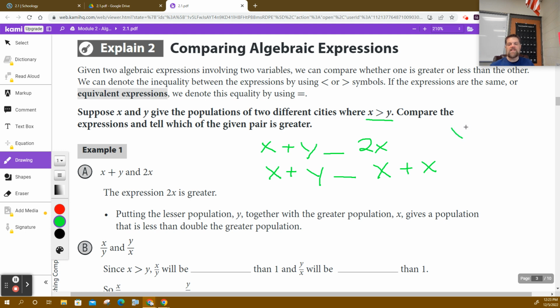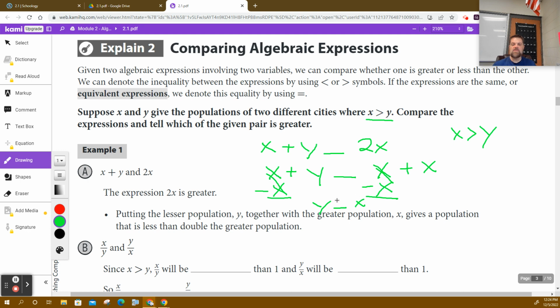Well, we know that x is greater than y. So there's a couple of ways you can handle this. You could solve it algebraically, or you could use common sense. So I could just subtract x on this side, and if I subtract x on this side, what I'm left with, this cancels and this cancels, and I get y is something compared to x.